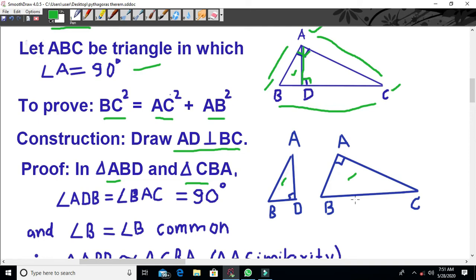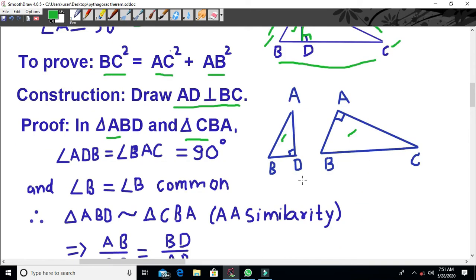So in these two triangles, what are you observing here? Angle ADB and BAC, both are 90 degrees. See, ADB, this is 90 degrees, and BAC, this is also 90 degrees, meaning both the angles are 90 degrees.